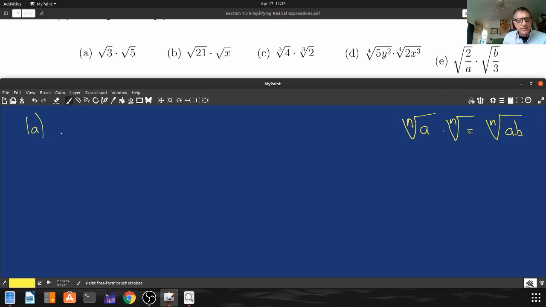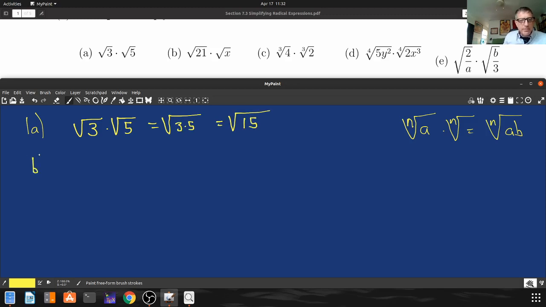And in many cases, it's just straightforward. So the square root of 3, remember the index with the square root is 2, times the square root of 5. Their index is the same even though it's unwritten. So that's the square root of 3 times 5, which is just the square root of 15.